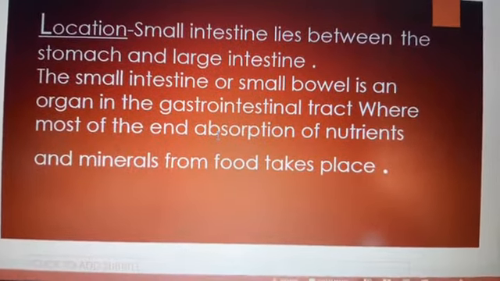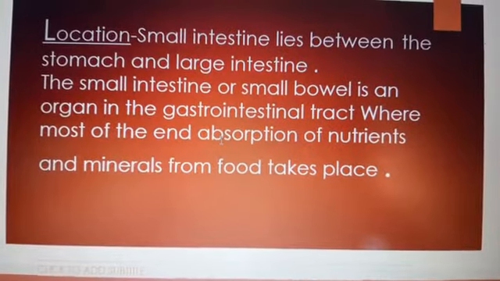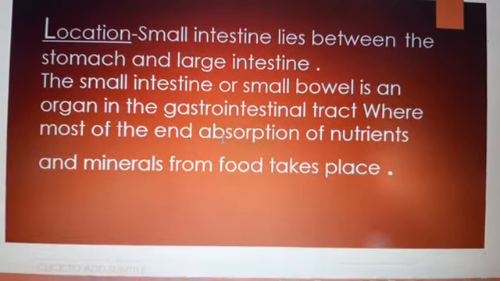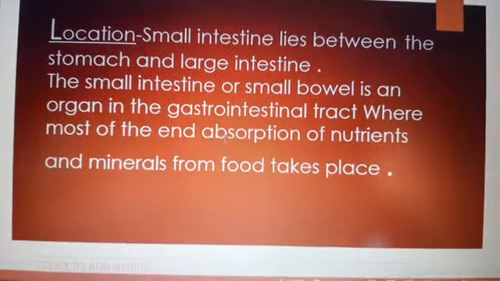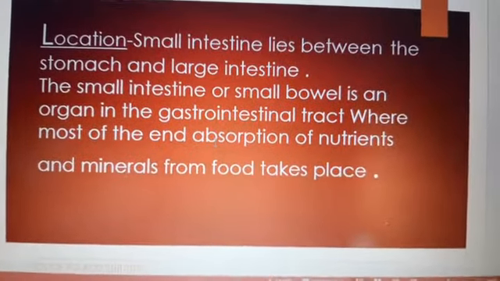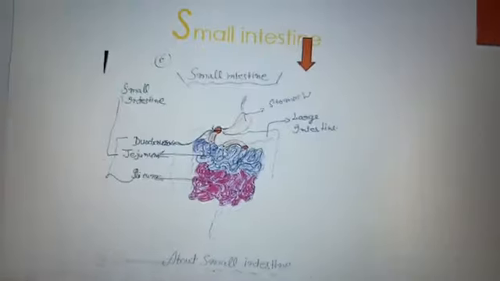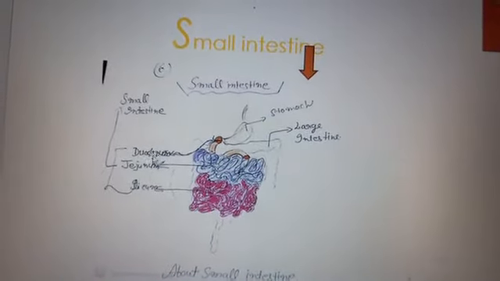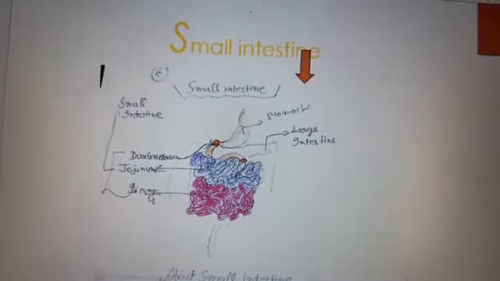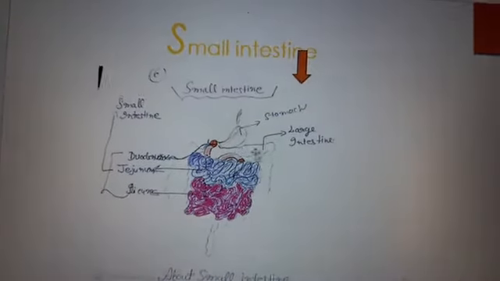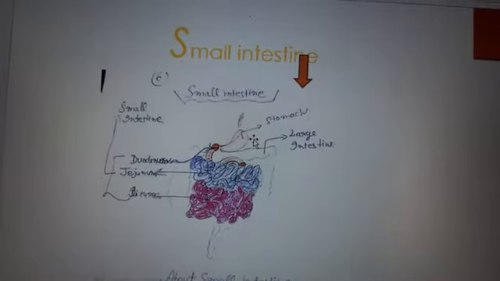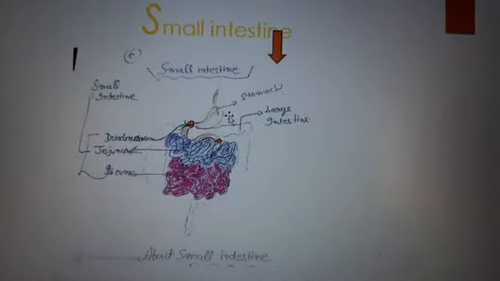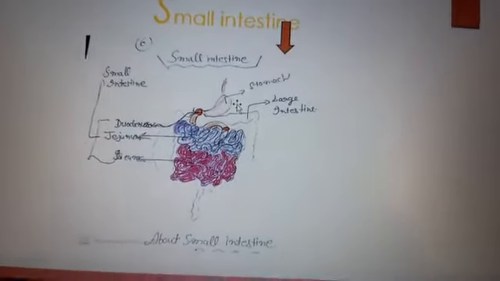Mostly nutrients are absorbed by the small intestine. We can see in this diagram the small intestine, divided into three parts: duodenum, jejunum and ileum. It lies between the large intestine and stomach, and its main function is absorption of nutrients.